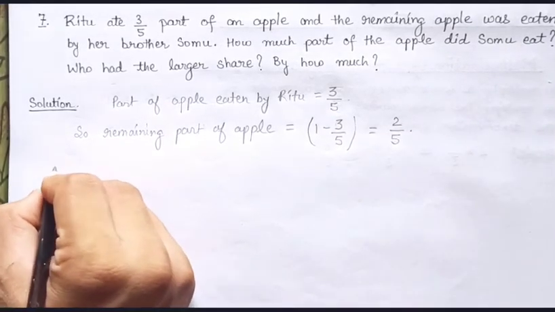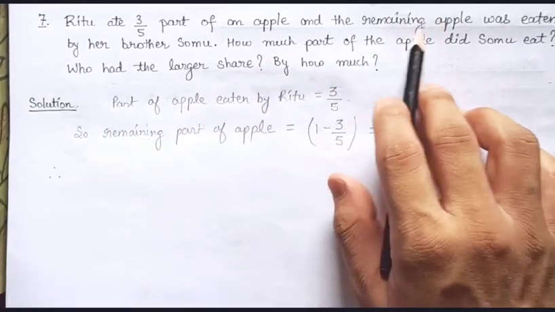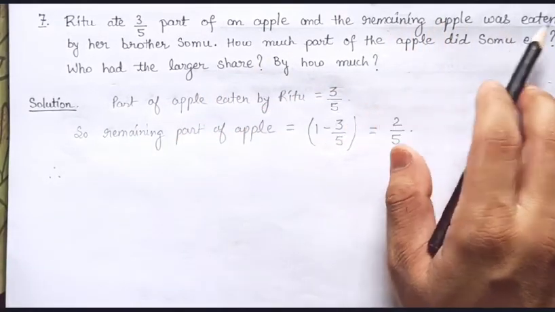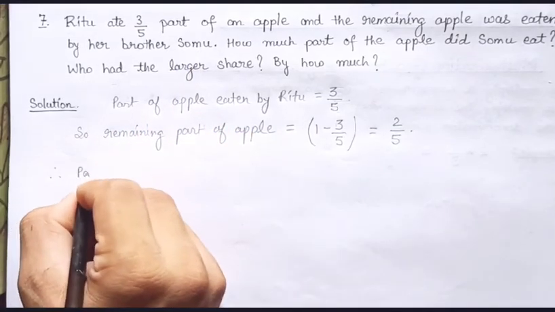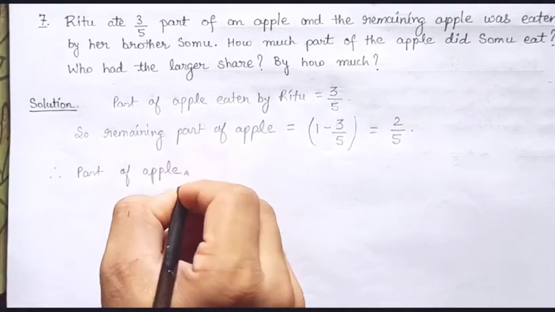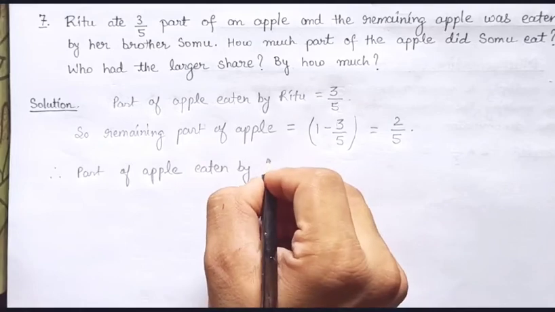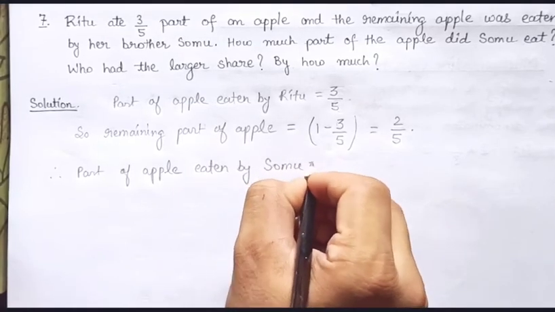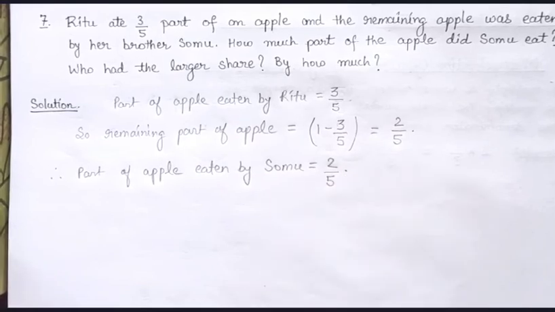Therefore we can say, as the remaining part of apple was eaten by her brother Somu, the part of apple eaten by Somu is equal to the remaining part, that is 2 by 5.